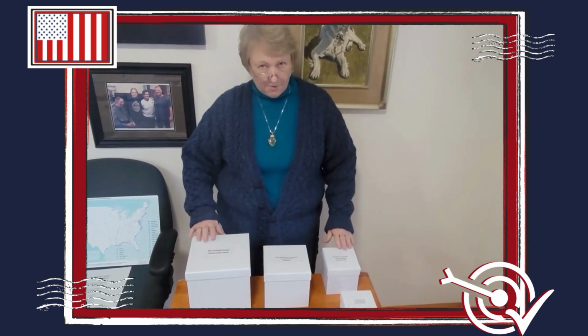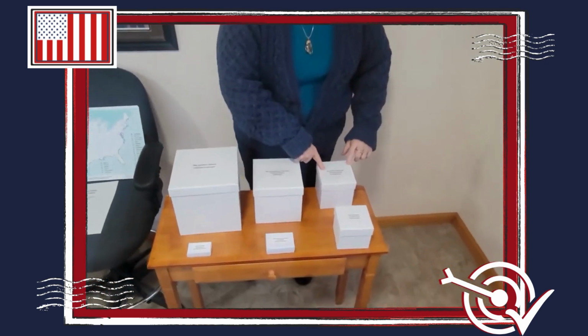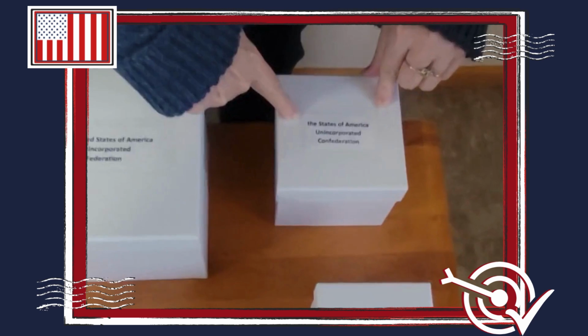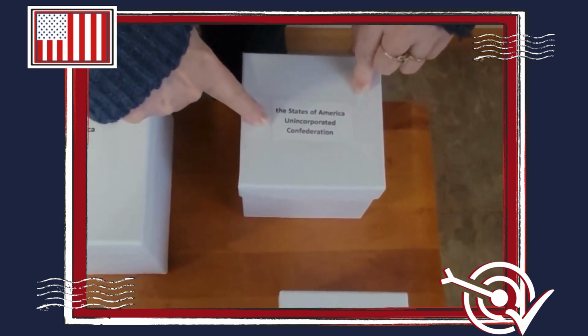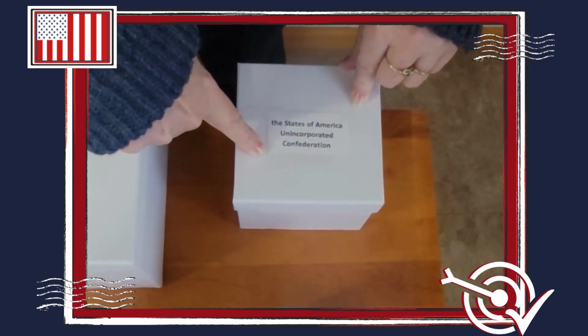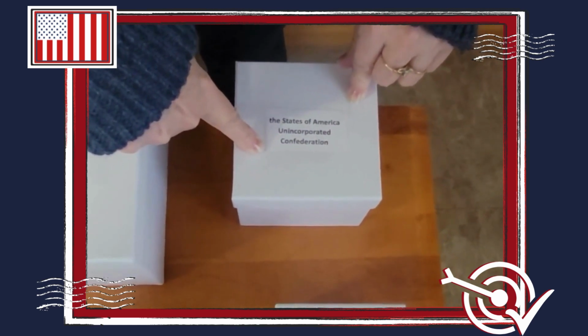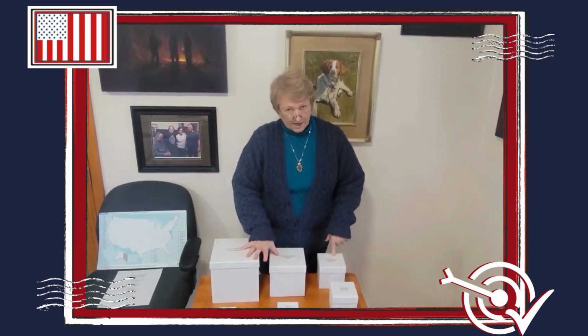Now here in the back row, we have three entities. Come take a look at this one. This is the States of America. It's also unincorporated, and it's a confederation. Now, what does that mean? Okay, here we have states, and here we have states of states.